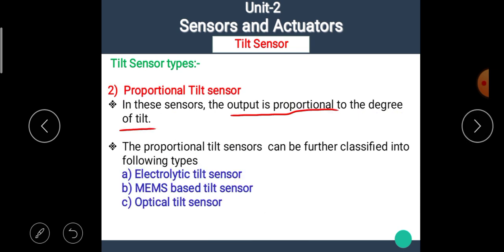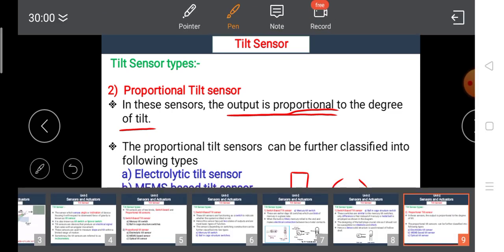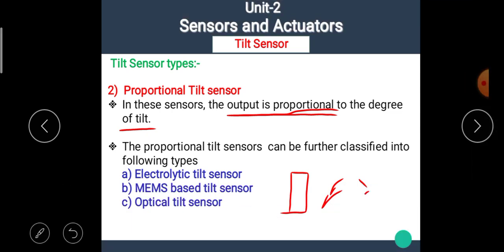But in this type of sensor, the output is proportional to the degree of tilt. That means at this position the output is different, and at this position the output is different.